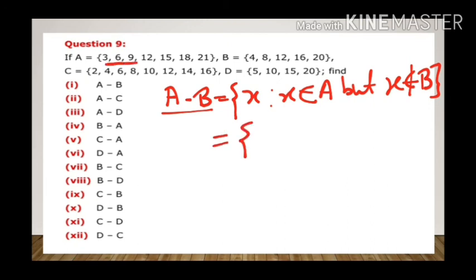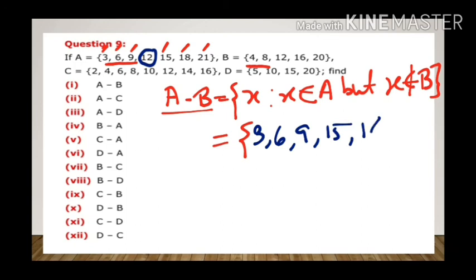If you look at this A and B, this has 3, 6, 9, 15, 18, 21. Except this 12, all the elements belong to A but do not belong to B. That's why A minus B will contain 3, 6, 9, 15, 18, 21.